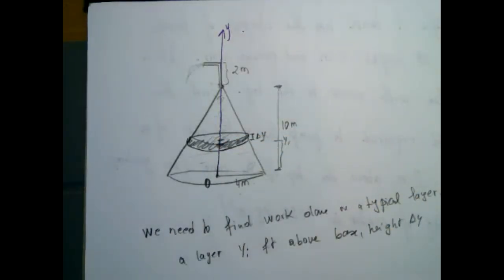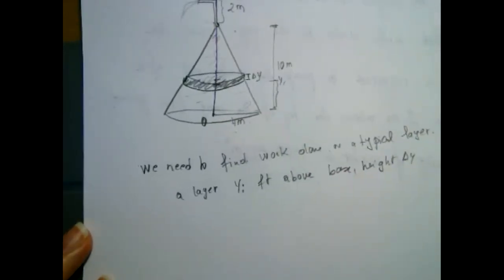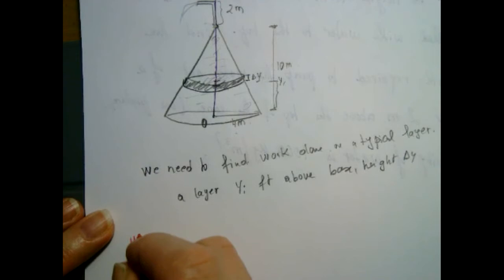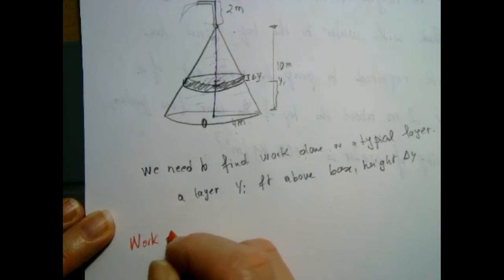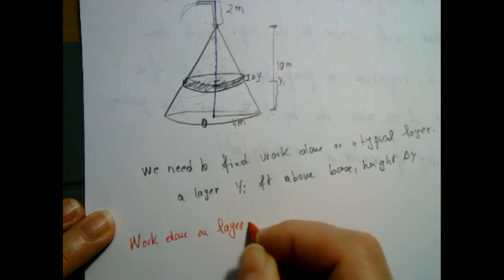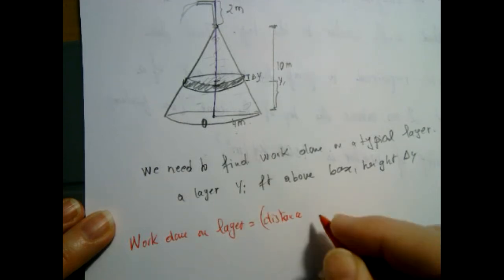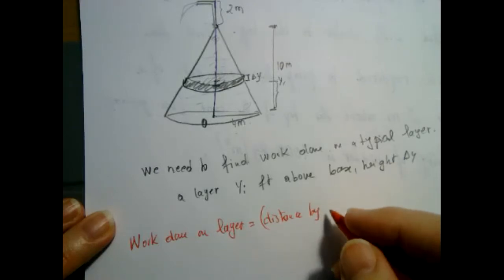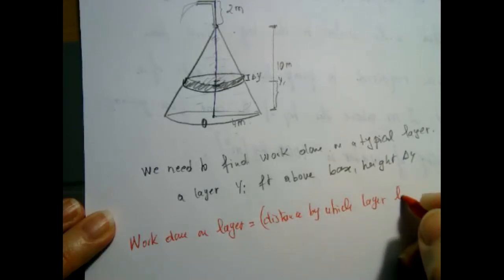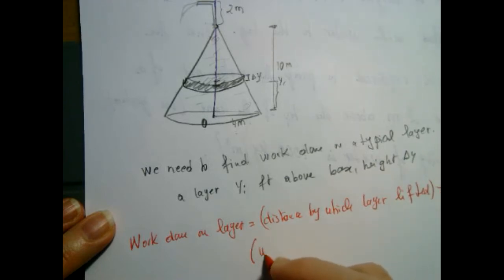Okay. So work done on each layer, exactly like the previous one, is the force by which, sorry, the distance by which we need to lift it times the force. So work done on a layer is the distance by which a layer is lifted times the weight of the layer.